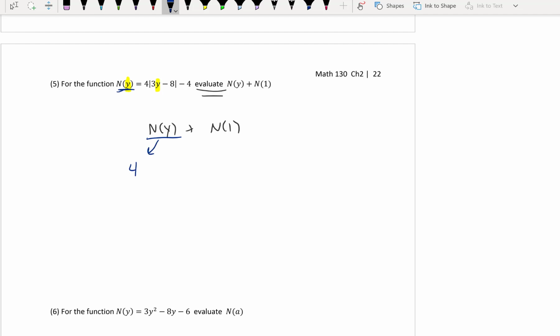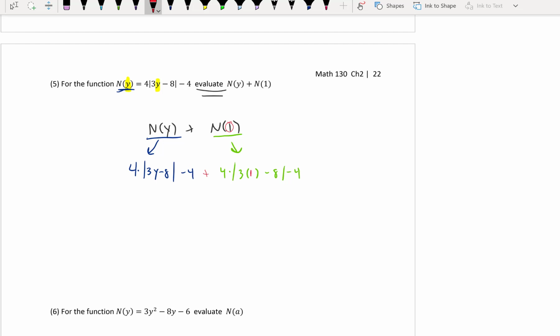So this turns into a 4 being multiplied by the absolute value of 3y minus 8, minus 4. Versus, you still have the addition, so I'm going to copy that down, it's still addition. And we have our function being evaluated at 1. So I'm going to have my 4 times the absolute value of 3 minus 8, minus 4, where for that y value we are plugging in that 1.